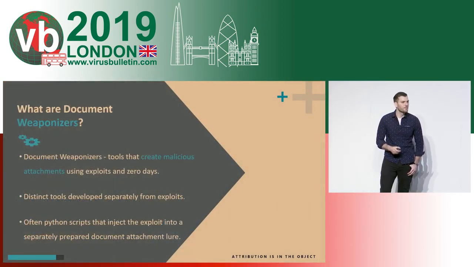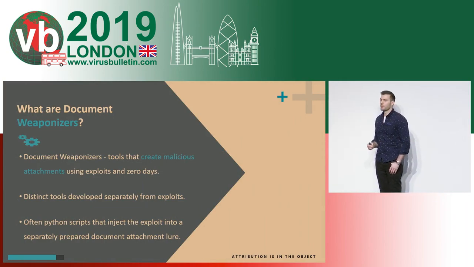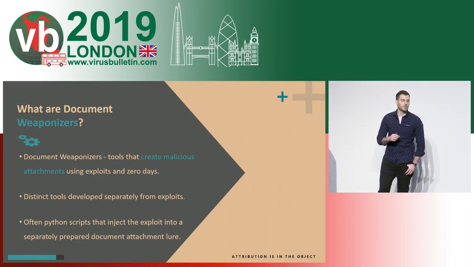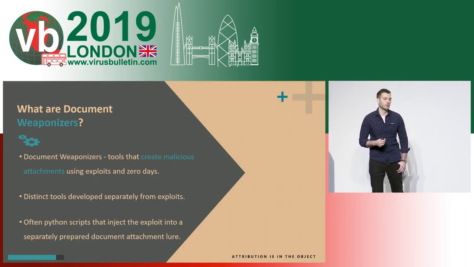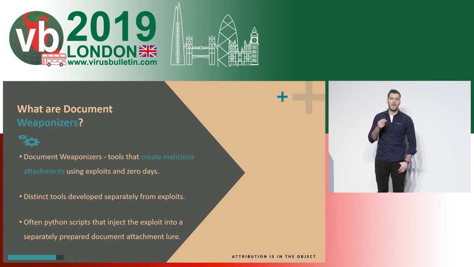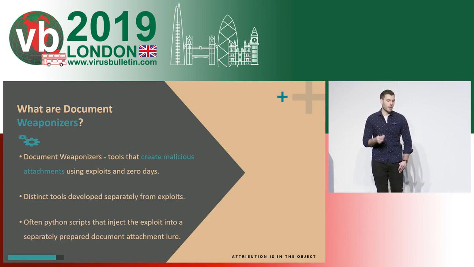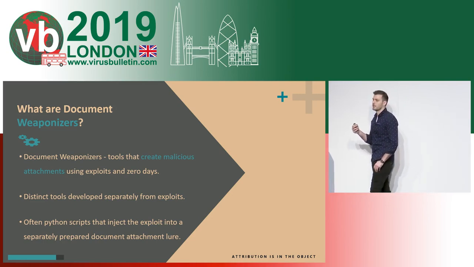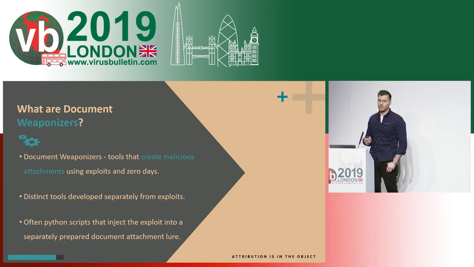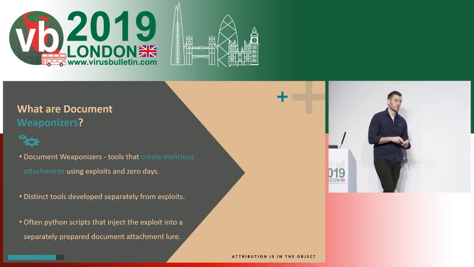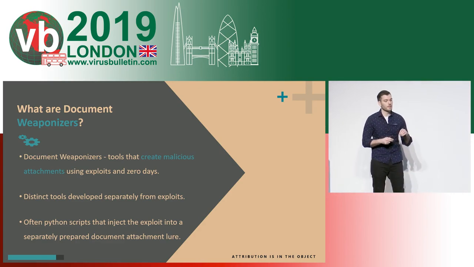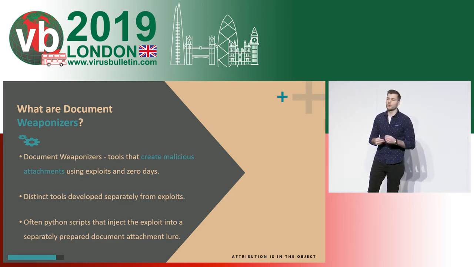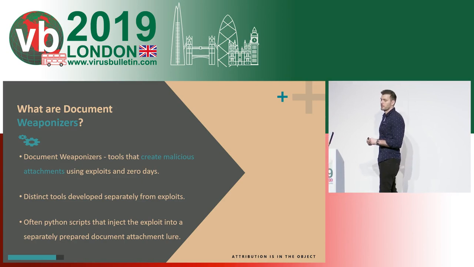So let's dive in. What is a document phishing weaponizer? A document weaponizer is a tool used by threat actors to create a malicious document from a pre-existing phishing lure, utilizing code to inject malicious exploits into a document to exploit a vulnerability or a zero-day. This is a distinct tool, a script, from the actual exploits or vulnerabilities that are going to be exploited by the document.